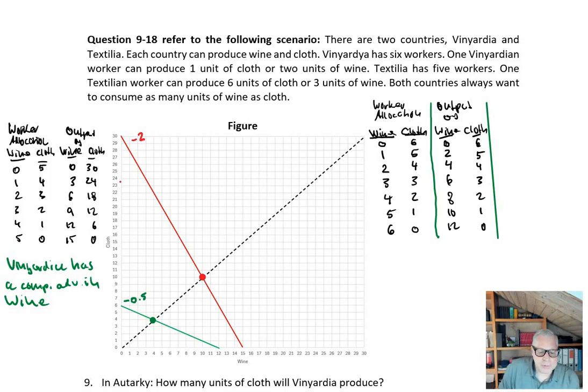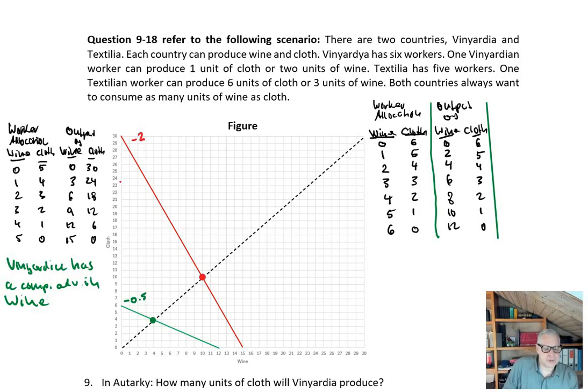But for Vineyardia, if you produce 1 more cloth, you have to give up 2. So in other words, whenever we produce 1 extra unit of the good displayed on the y-axis, we have to invert the slope. The slope tells you the marginal opportunity cost of producing 1 extra unit of the good on the x-axis.